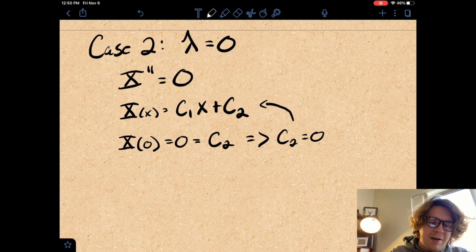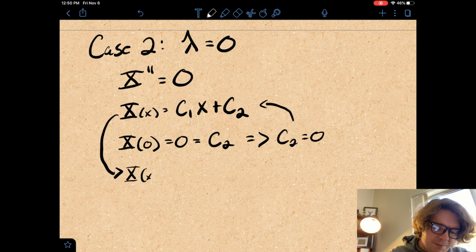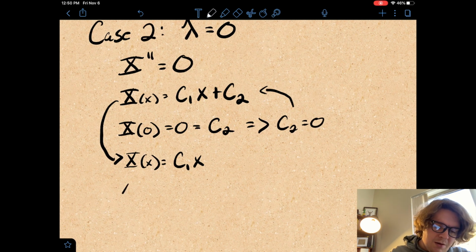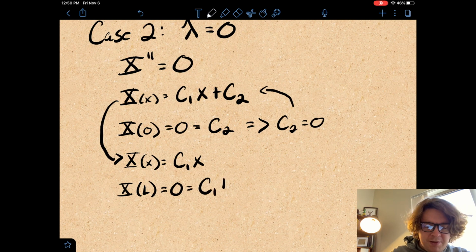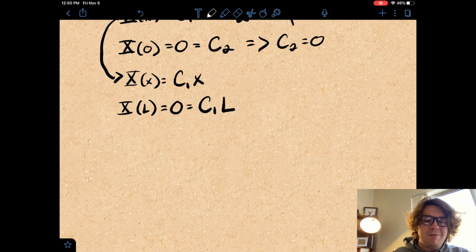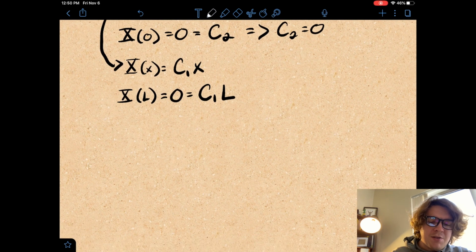So plugging that back into our solution, we're left with X of x equals c1 times x. We'll plug in our second boundary condition, which is X of L equals 0. Well, this time we'll have c1 times L, but L is the length of our rod. We can't talk about a rod of 0 length, so L can't be 0. So the only way for this to be true is if c1 is equal to 0.